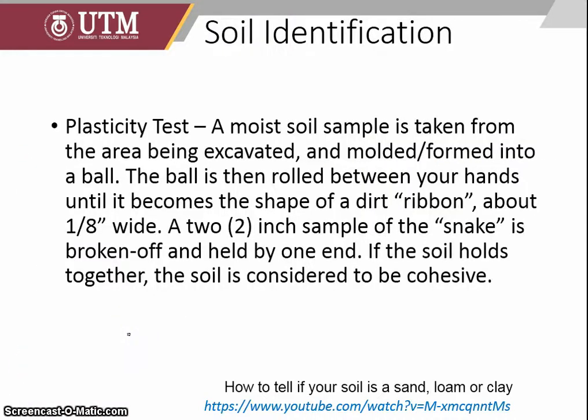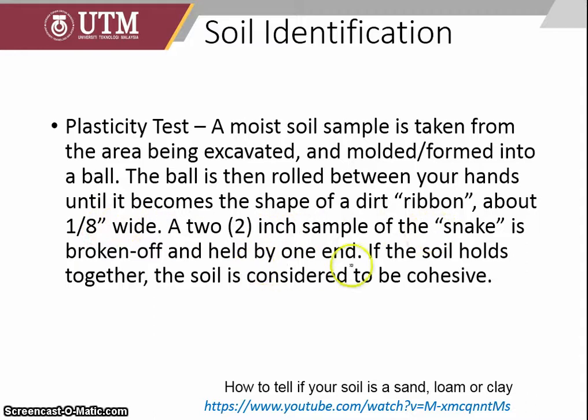Okay, in addition, you can also carry out the plasticity test, which we can see also in this video attached here, to look more at how they do the differentiation test between the soils. So usually we try to mold the soil into a ball in our hand, and we try to make the soil like a ribbon or snake of 1 to 8 inch wide.